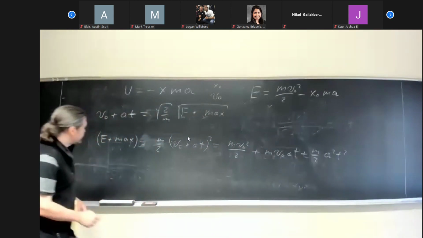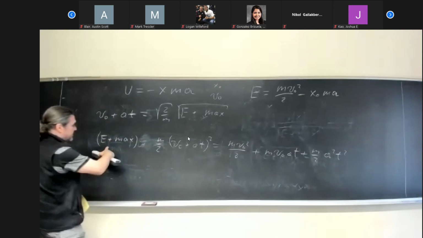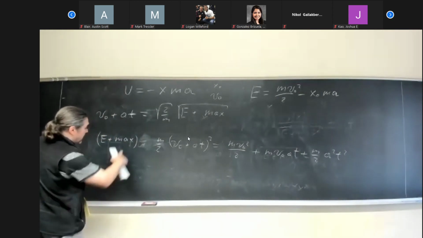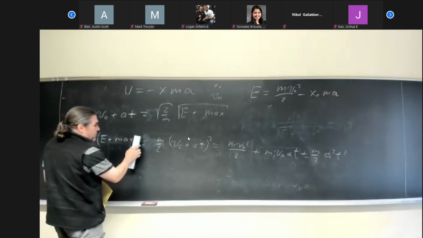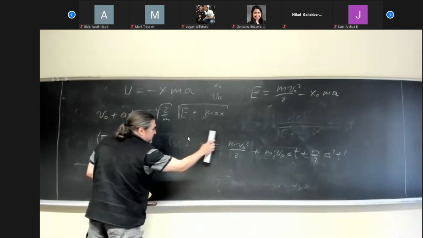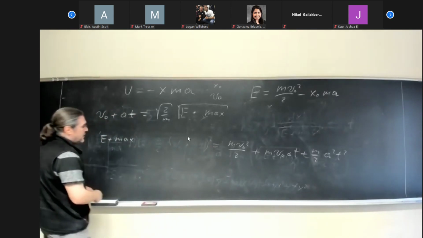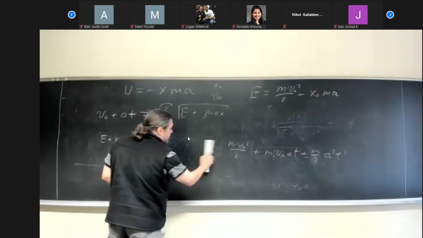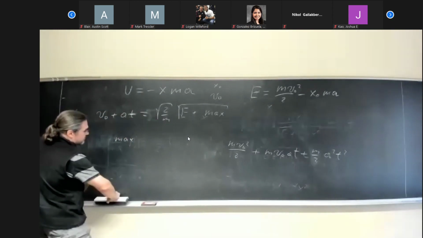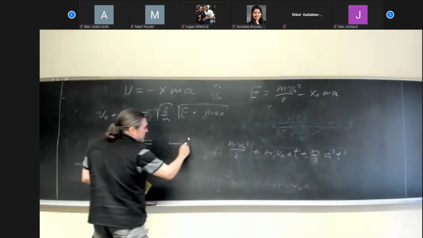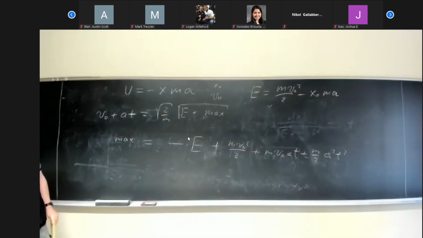Right? So let me forget about the middle, and this is my equation now for x. Now it's just a linear equation. I can do it. So I just move e to the other side. Okay.